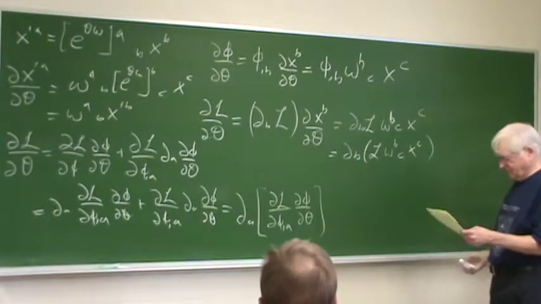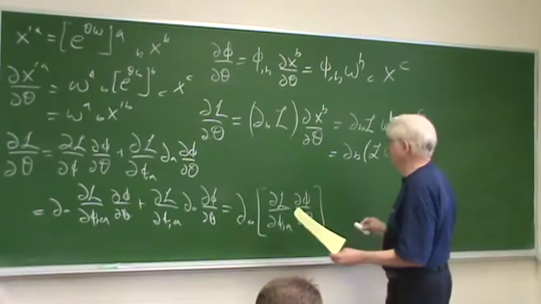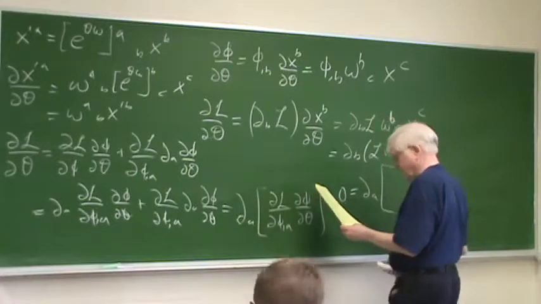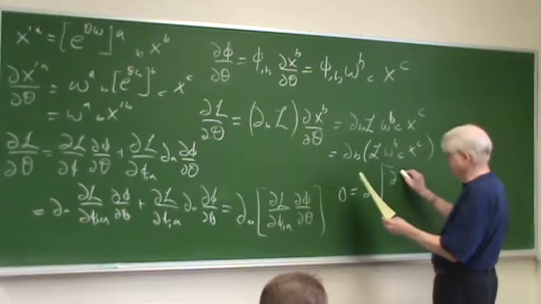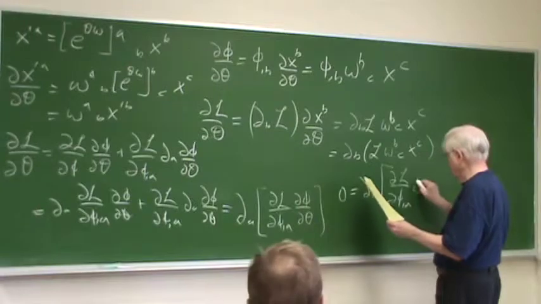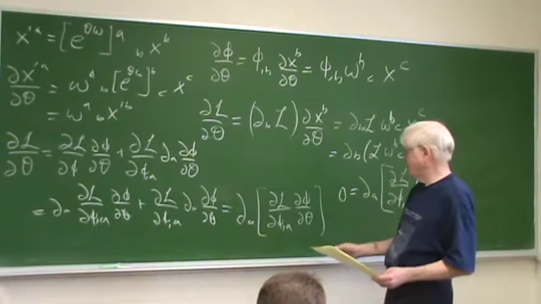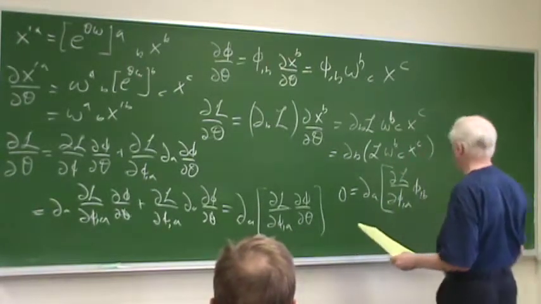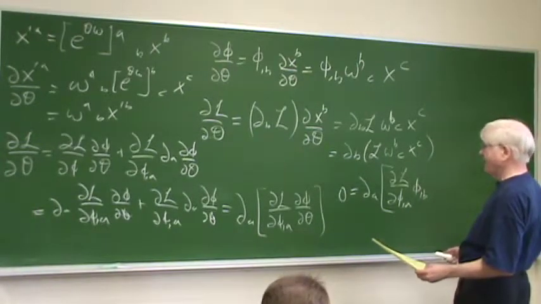All right, so now we have our field equations. Namely, we can say 0 equals d_A of partial L, partial phi comma A, phi comma B, and that gets multiplied by this partial phi partial theta, and partial, let's see, I didn't bother to do that already.